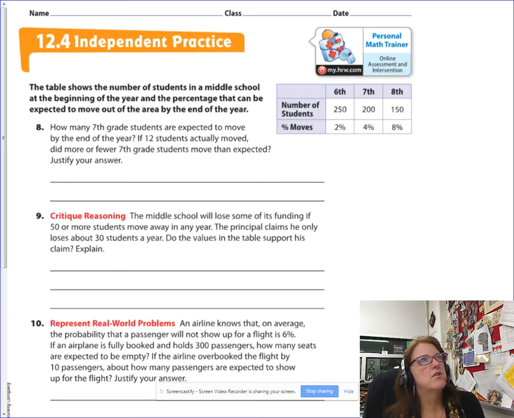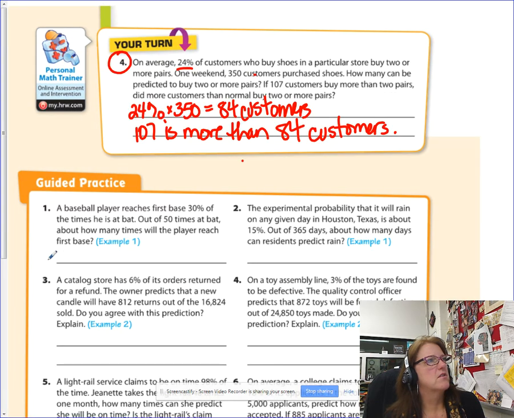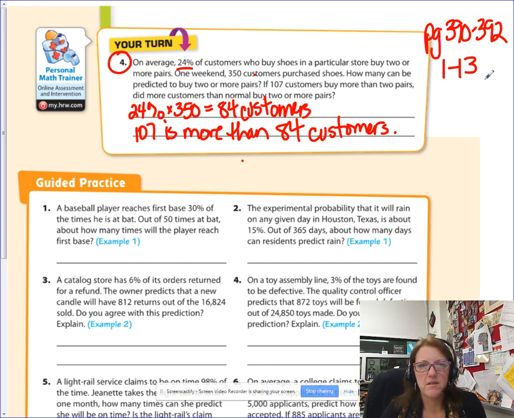I want you to do, starting on this page, from 390 to 392, go ahead and tackle 1 through 13. Read through those, figure out what they're asking you to do. It's usually a computation with the data and then maybe comparing it with what the prediction might be or what actually happened. All right. As always, good luck and may the force be with you.